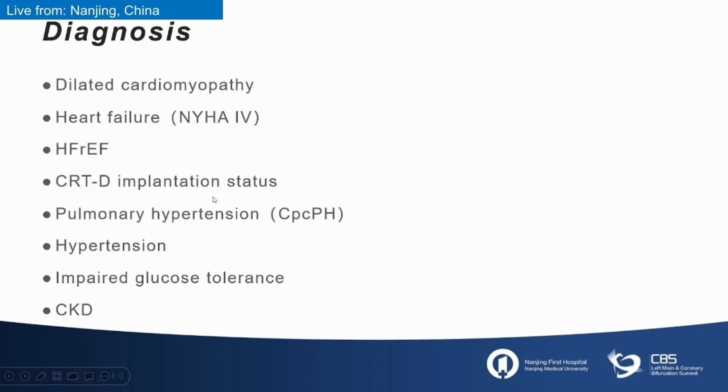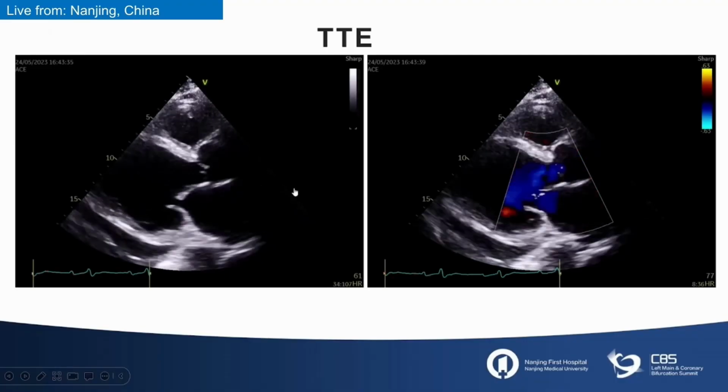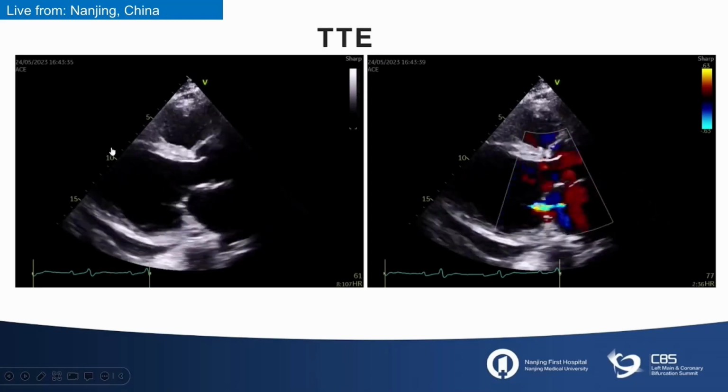After the heart team consultation, the final diagnosis for this patient is dilated cardiomyopathy and heart failure, NYHA class 4, with pulmonary hypertension, CpcPH, hypertension, and chronic kidney disease. These are the images of echocardiography of this patient.